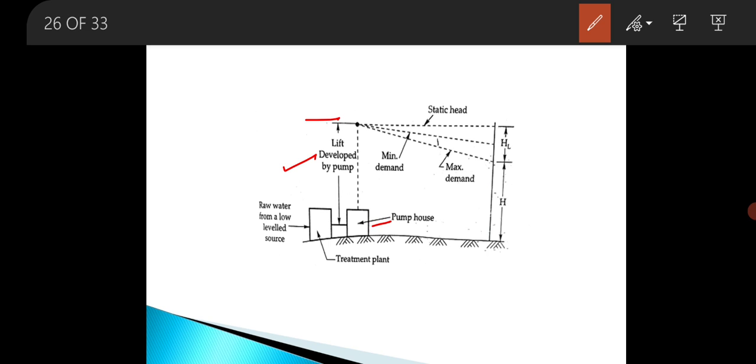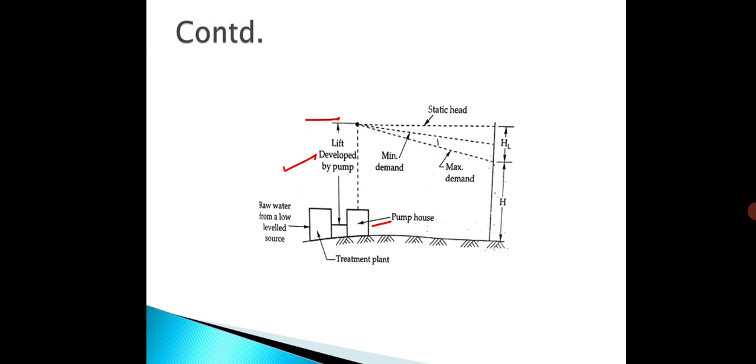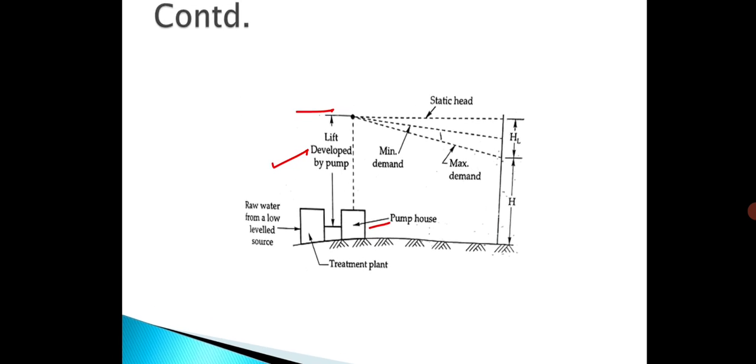So in this system, if power supply fails, there will be complete stoppage of water supply. Therefore, this method is not generally used. But this has the only advantage that during fire, it can force a large volume of water under high pressure in the required direction. So this is the only advantage of this system.